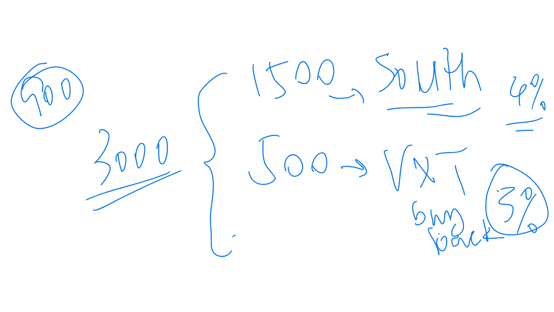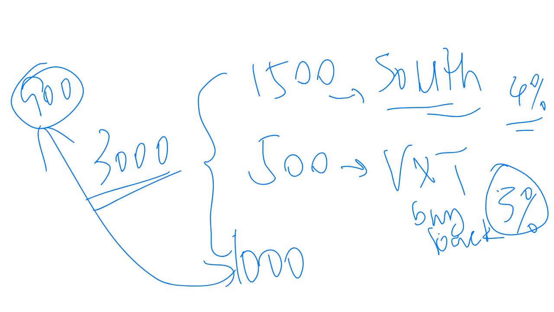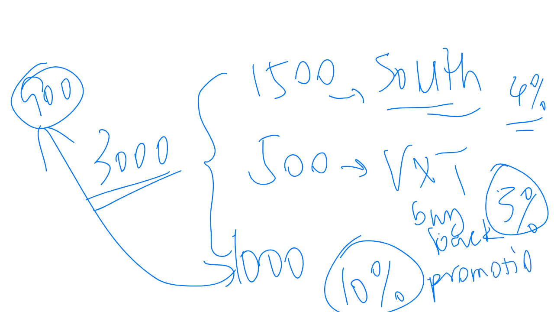And then how much do they have left for themselves? 1,000. But in comparison with 900, how can they cope with the increase? They will say because you will do the promotion, so that they can make sure the customers will buy 10% more. Why do we want to look at this chart together? Because this is actually what you will have to do when you are the inventory manager.